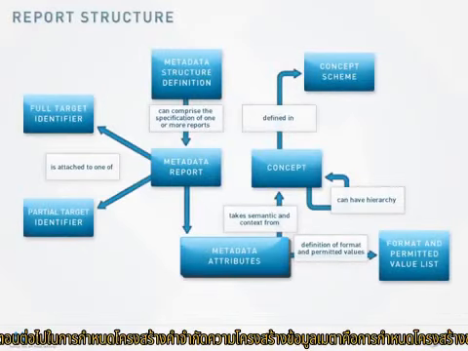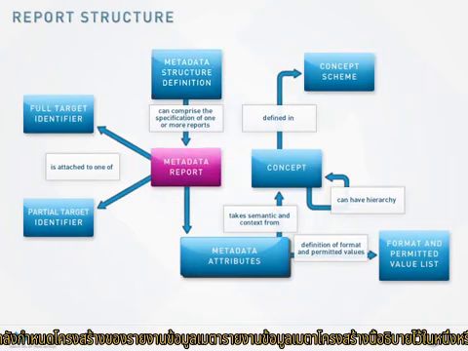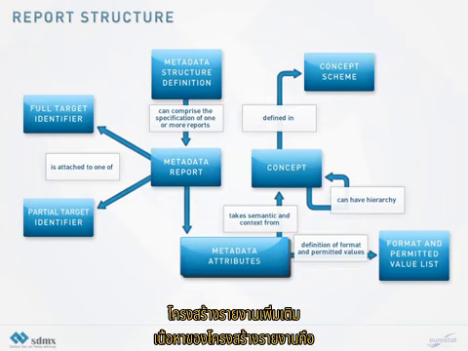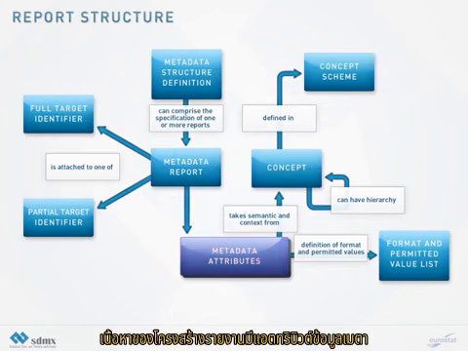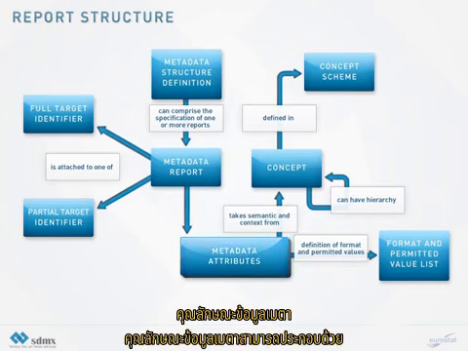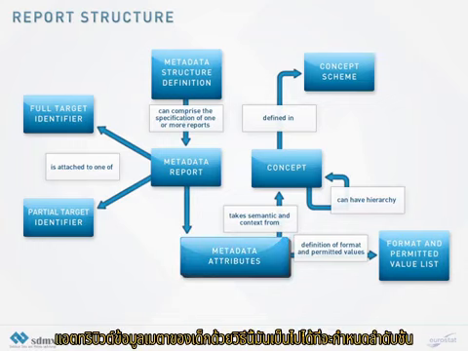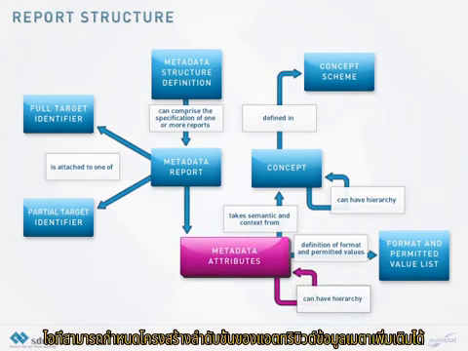The next step in defining a metadata structure definition is defining the structure of the metadata reports. This structure is described in one or more report structures. The content of a report structure are metadata attributes. A metadata attribute can comprise so-called child metadata attributes. In this way, it is possible to define hierarchical structures of metadata attributes.